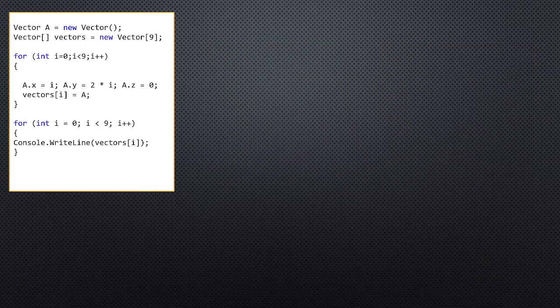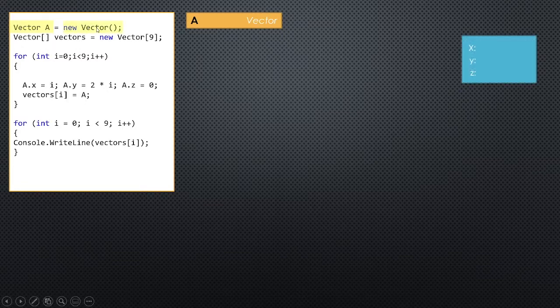If we start at the very beginning and look at this vector A statement, it is declaring a variable named A to be of type vector. It's not a vector yet, because as you know, when we work with classes and objects, we have to create instances of them. So the right-hand side of this is the new statement, which says, go create a new vector.